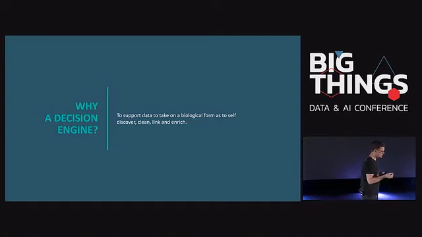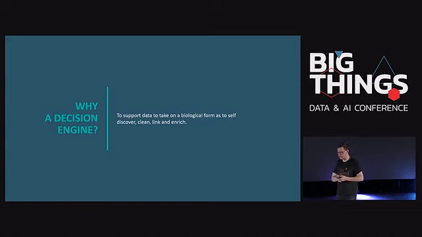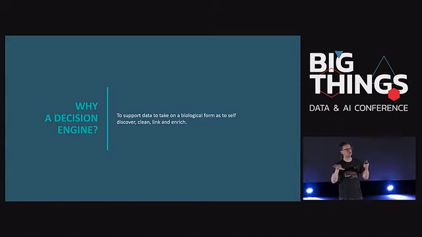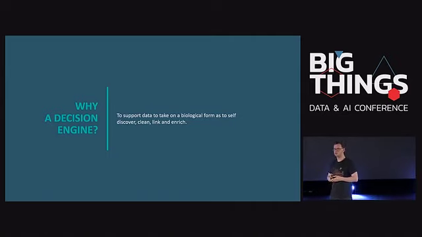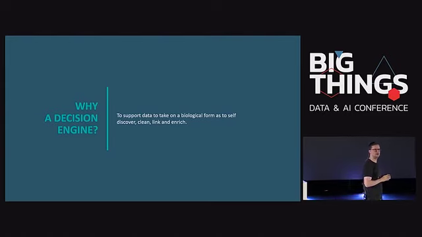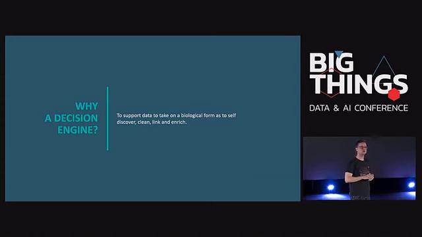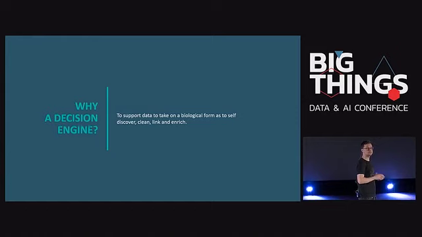Not only that, but it also exposed that the ways that we solved data before big data came in just do not scale. So the core concept was, how could we let the data work for us? One of the design principles that we came up with was, how could data take on a biological, organic form, where it could do the work to self-link, self-discover connections, self-enrich, self-clean.